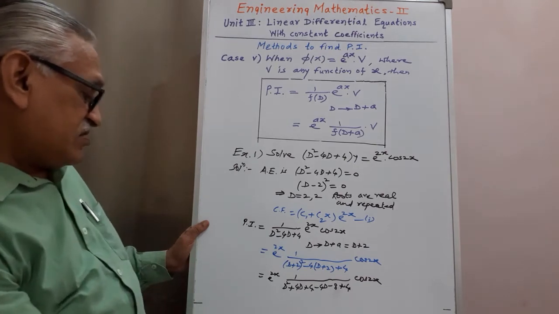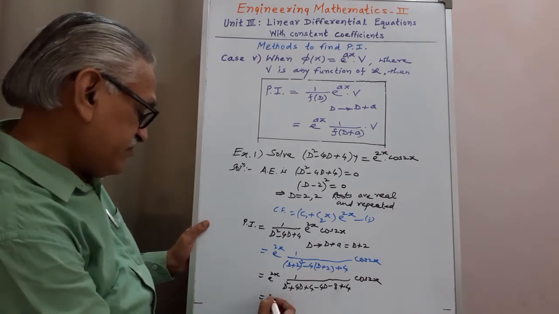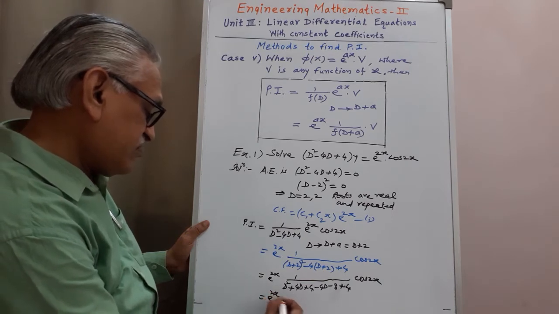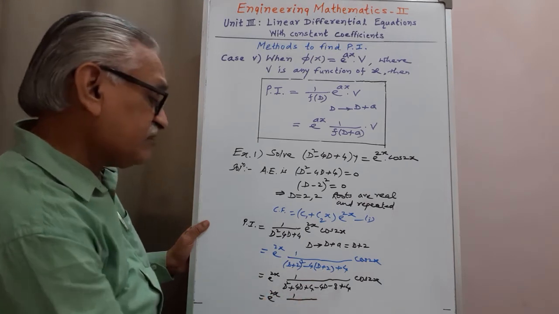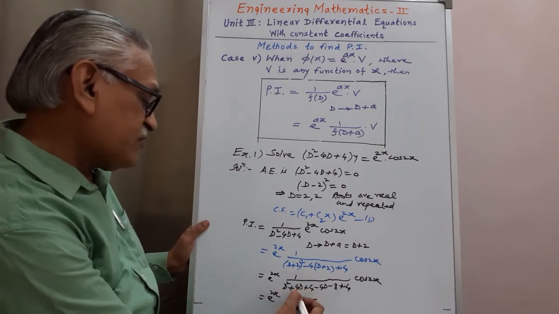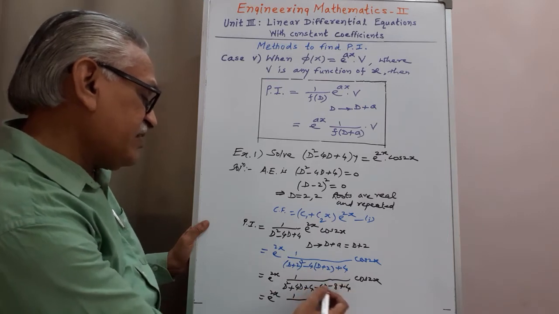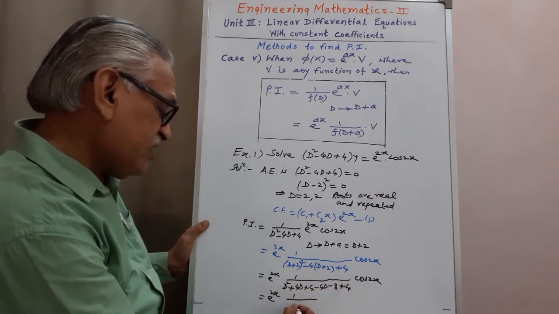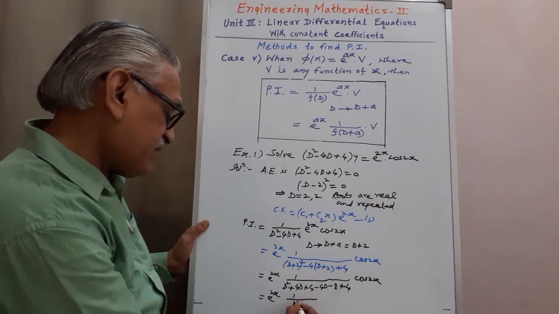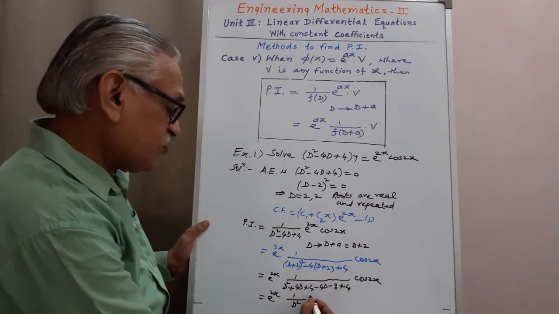And therefore we get e raised to 2x 1 upon, plus 4D minus 4D get cancelled, 8 minus 8 get cancelled. We have only D square remains, which we have to operate on cos of 2x.